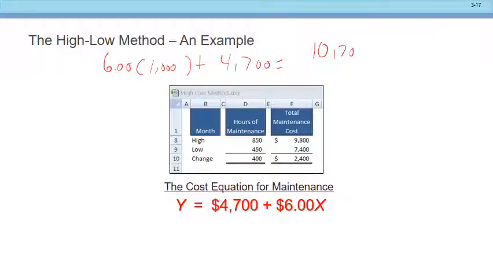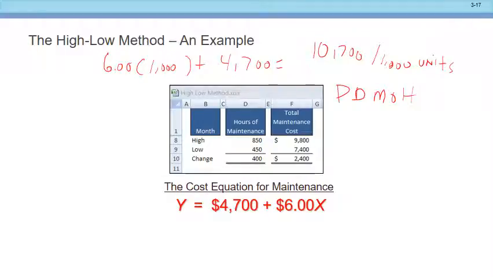Okay, good. 10,700, and then I will divide that by how many units? By 1,000 units. And that should give me my predetermined manufacturing overhead rate that I will then use throughout the new year, say I'm doing this in 2015 for 2016.